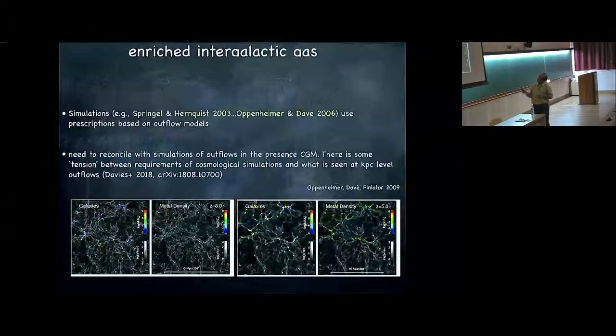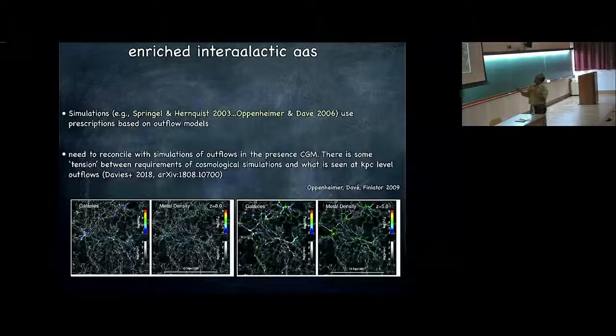But when you do simulations and try to match, for example, this at high redshift, this at low redshift, the galaxies and the metal density in cosmological simulations, you use subgrid physics, because you can't resolve that physics. The subgrid physics depends on outflow models, or on what is known from outflows at very small scale, at the 10 kiloparsec level.